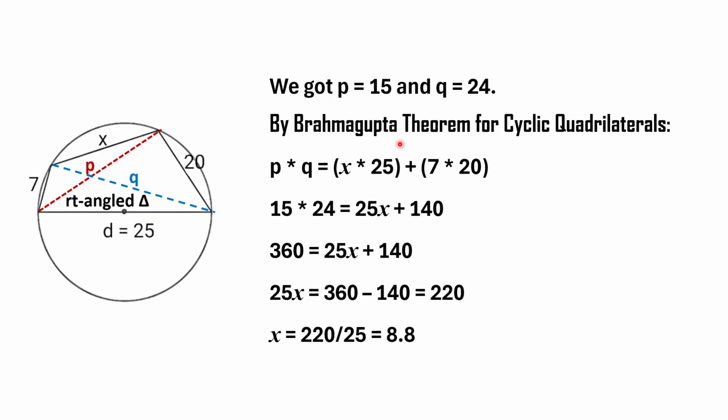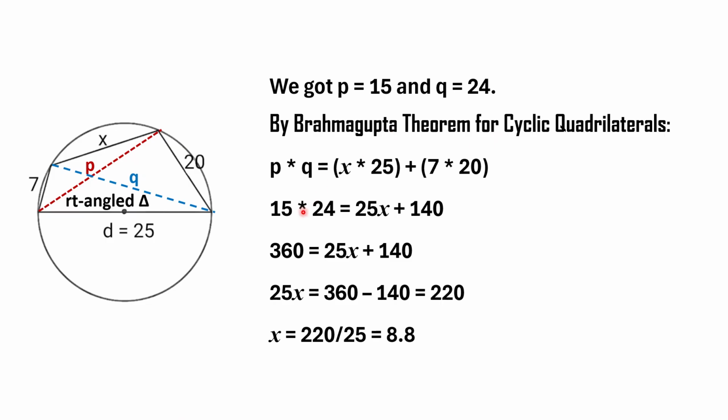Diagonal into diagonal, P into Q, is equal to x into 25, the product of one pair of opposite sides, plus 7 into 20, the product of the other pair of opposite sides. That should be equal to the product of the diagonals.